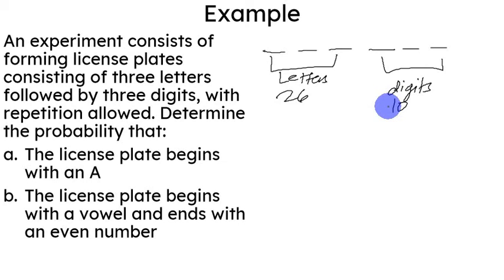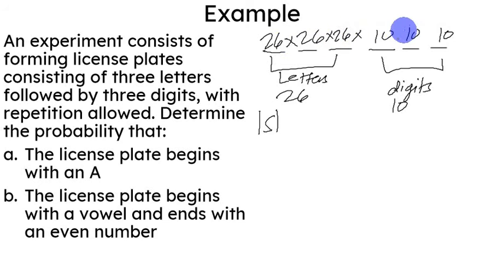We are asked to determine the probability that the license plates begin with an A. The first thing to know is how many license plates we can make all in all. That would be the cardinality of our sample space. Since repetition is allowed, we can have 26 possible letters in each letter space and 10 possible digits for each digit space.